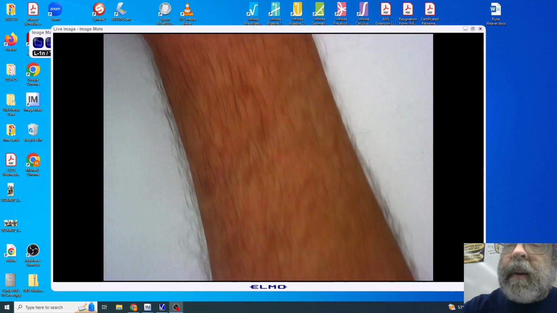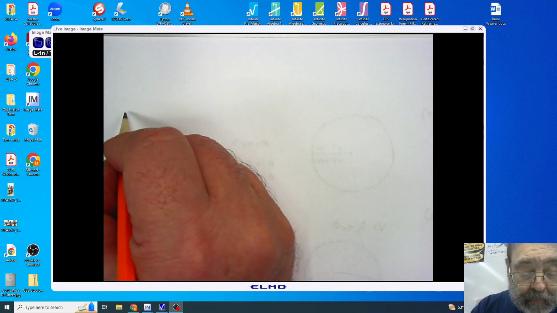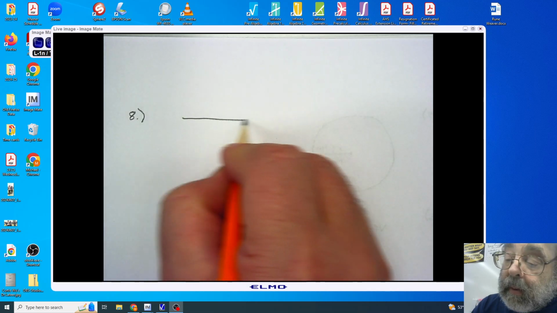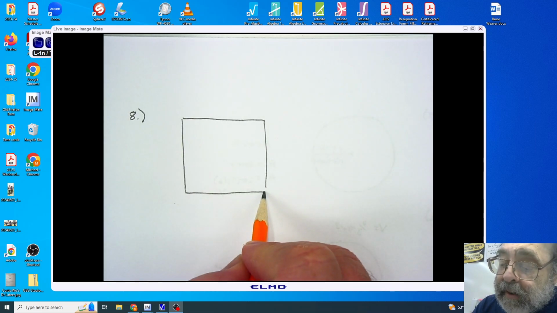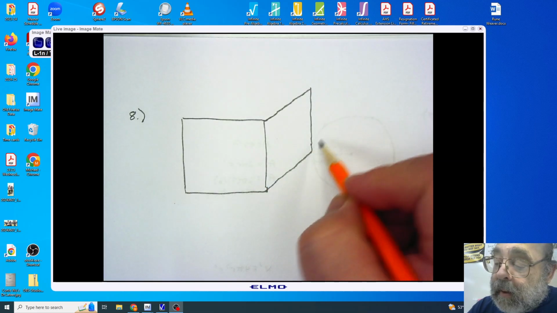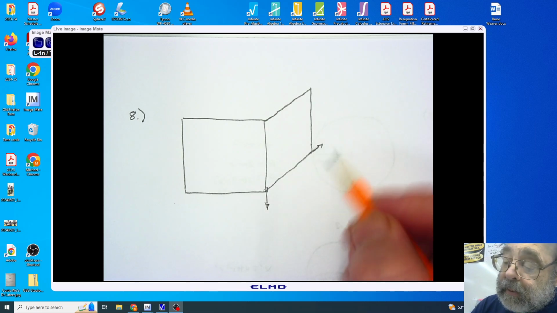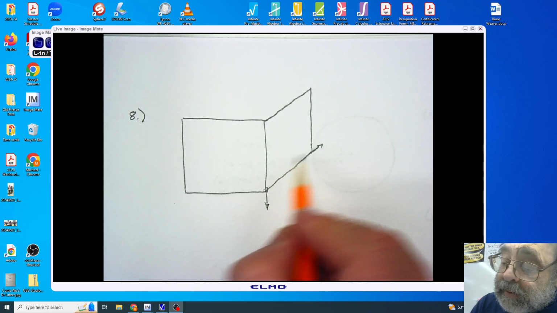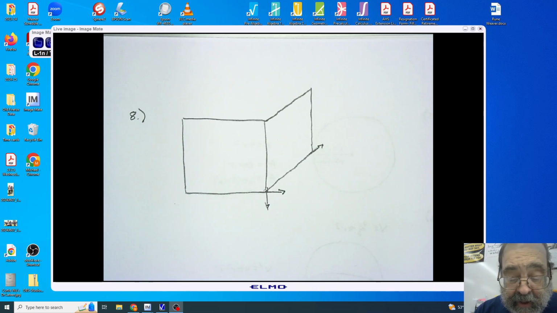Number 8 was talking about a hypothetical cube. So we're going to start by drawing a cube. And each of the sides of the cube is increasing at a constant rate. That means going down, out, and across. So let's just put it right here. So all of our sides are increasing at a constant rate of 3 over s.